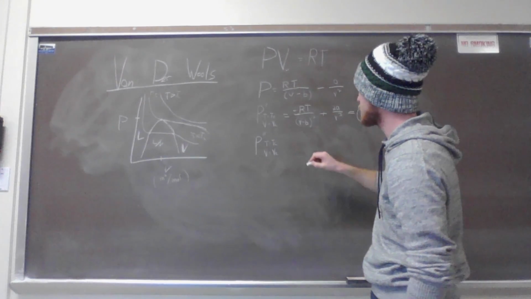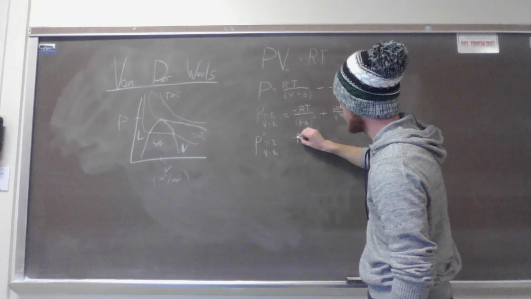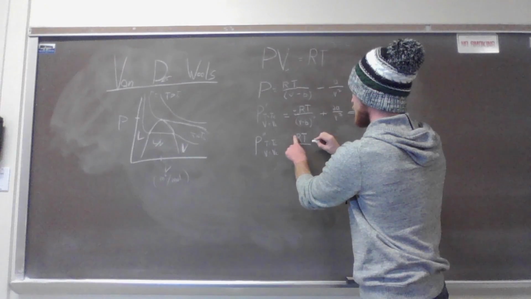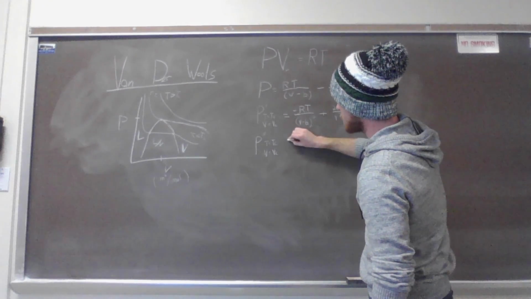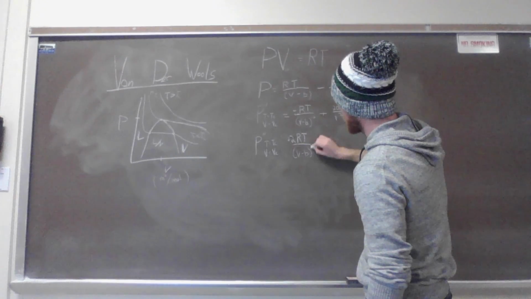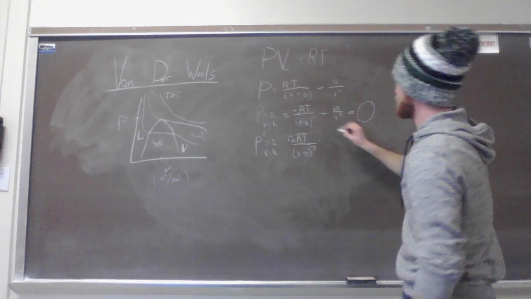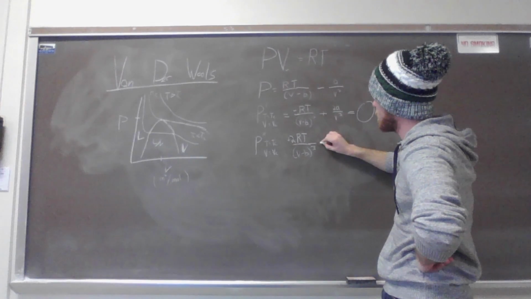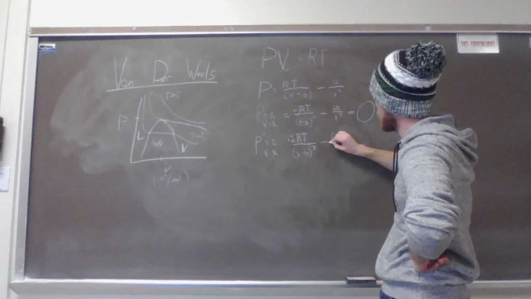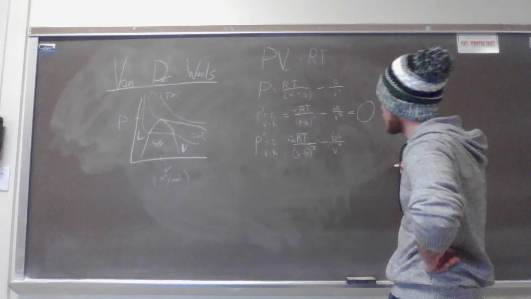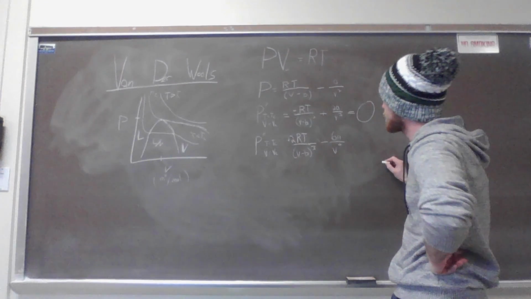So the derivative of this is going to be negative RT at the top. This is going to become positive 2, V minus B cubed. This is V to the third, so that's going to become minus 6A over V to the fourth, I think.